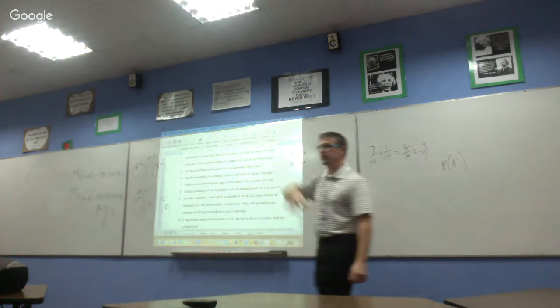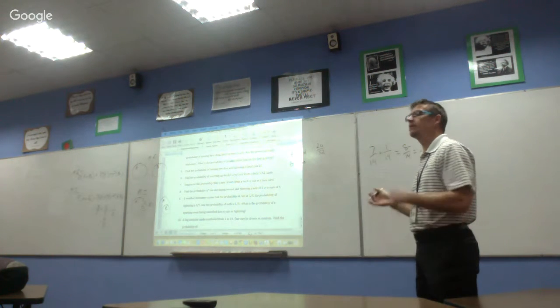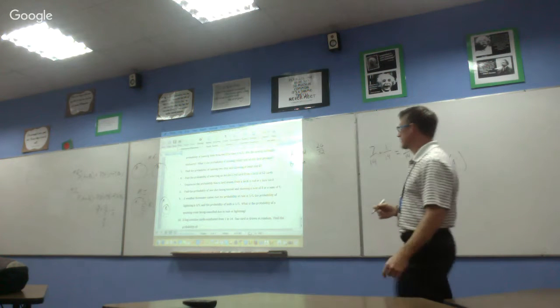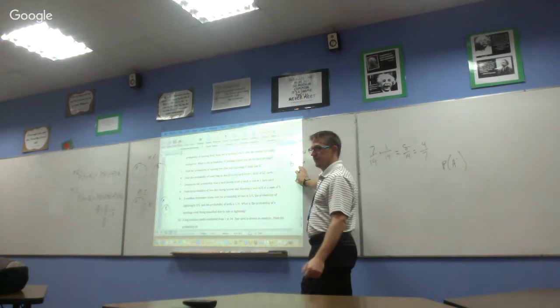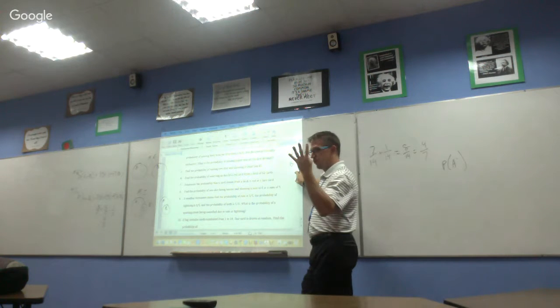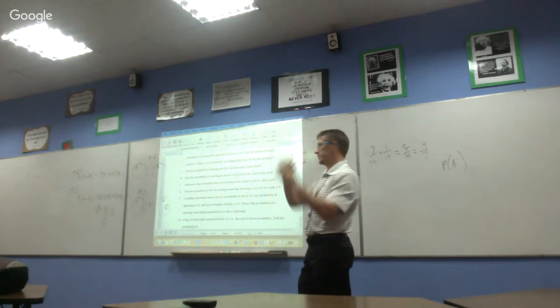I'm holding off reducing until the end, simply because if we keep everything out of the same fraction, it's easier to add and subtract. Well, how many face cards are there? 16 out of 52. How do you get 16? 4 in each set. How many sets are there? 4. Clubs, spades, hearts, diamonds. 4, 8, 12, 16.